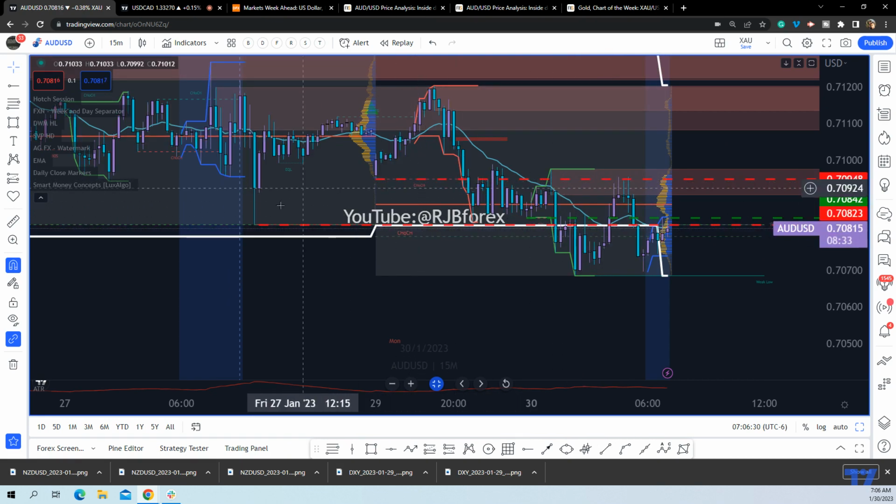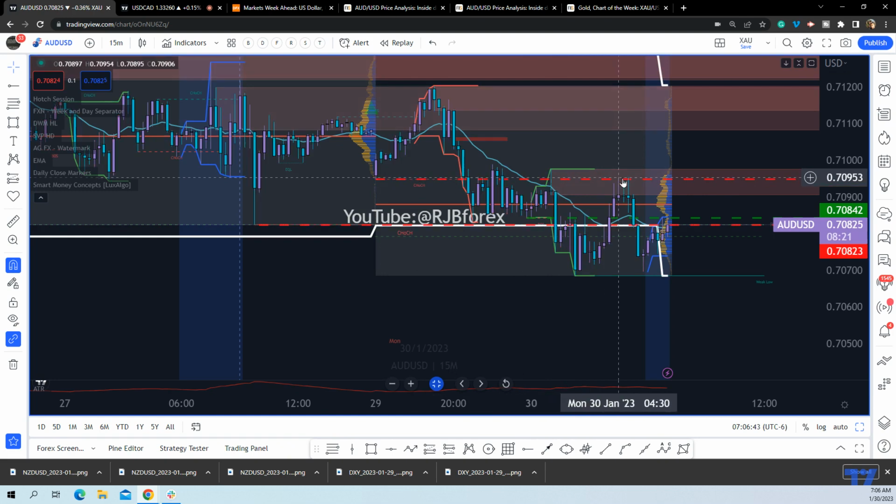Here and here, the lows of the day have been broken. So we're looking for a continuation with the opening low holding as resistance. The Asian low being broken in London, the stop hunt and the subsequent move down.